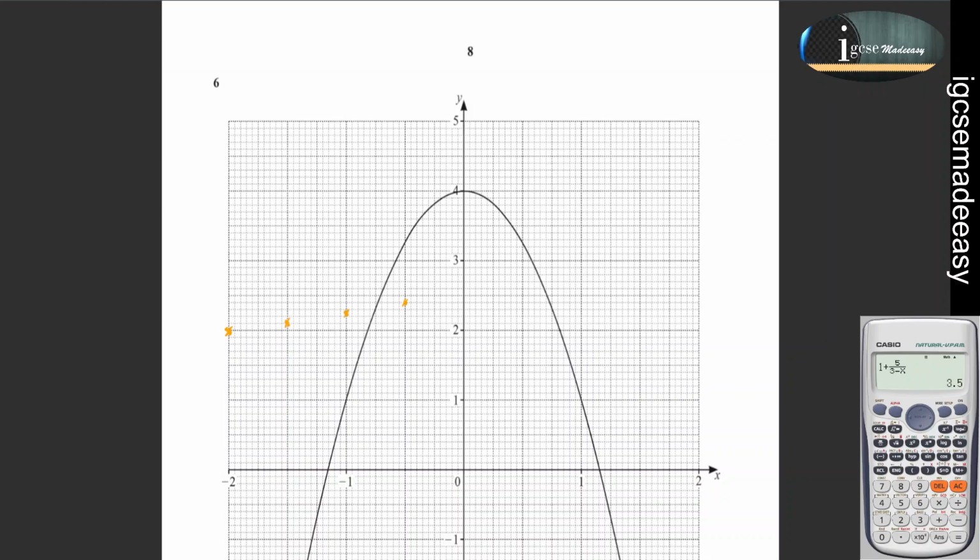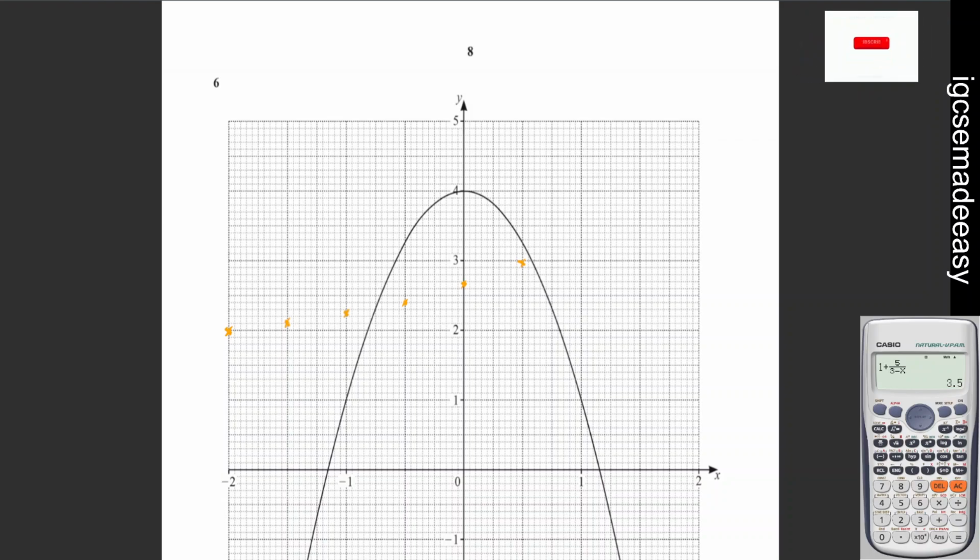Then we have 0 and 2.67, somewhere here. Then 0.5 and 3, this is the point.